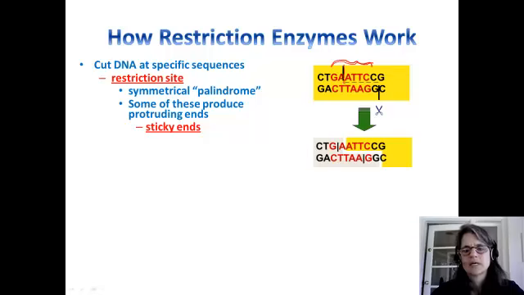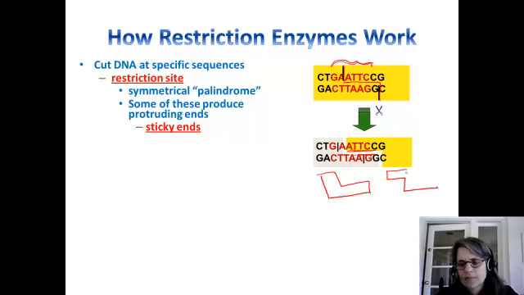And sometimes they cut in a way that when these two pieces are separated, there will be exposed bases here and exposed bases here. Those are called sticky ends, meaning if we get, I'm just going to kind of draw the geometric shapes of what would be separated.